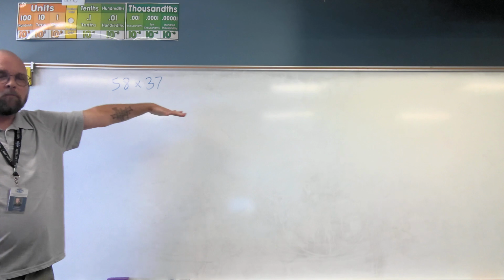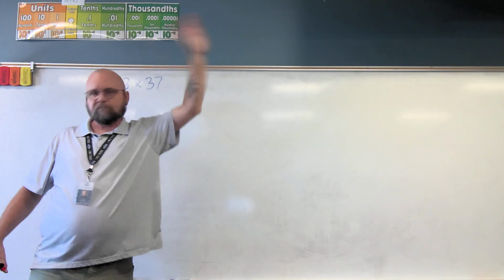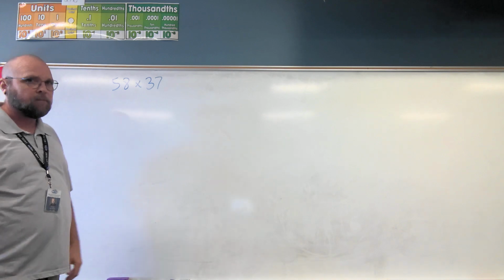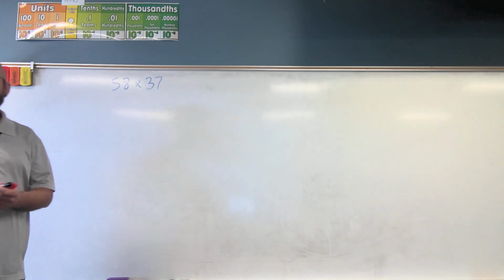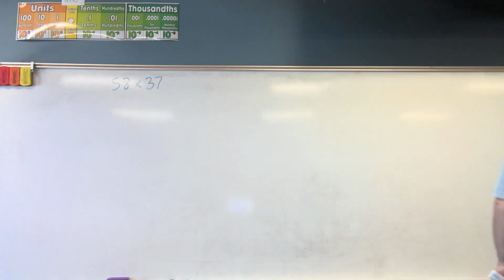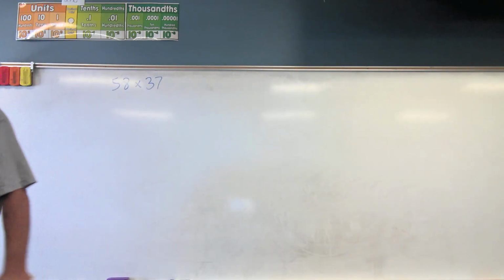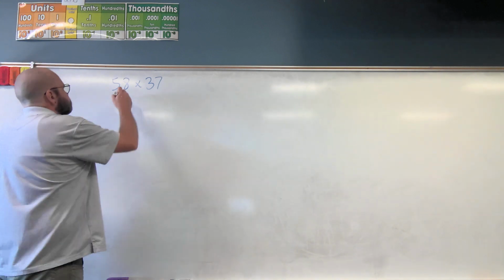So on that warm-up, one of the problems said, find the product of two numbers. That means you multiplied. Now before I do the actual multiplication, I estimate. And this is why the number talks are very helpful.